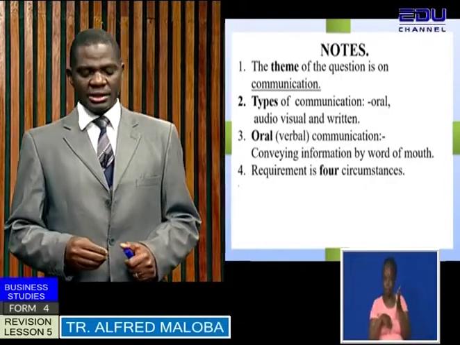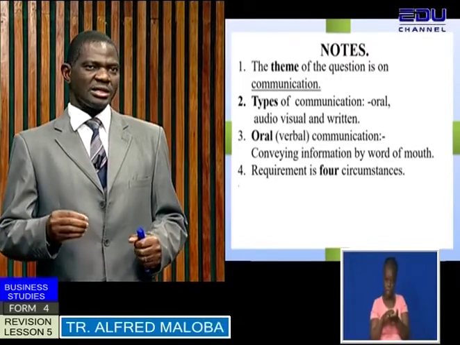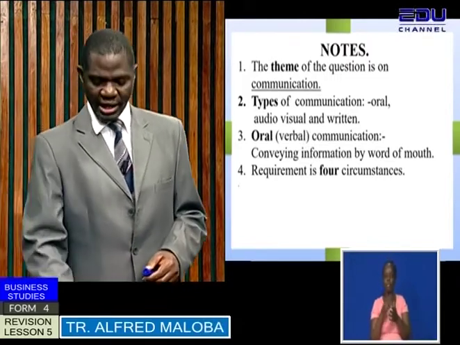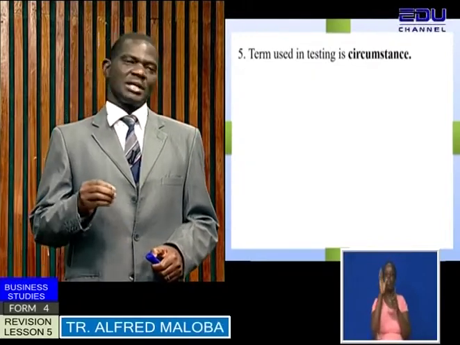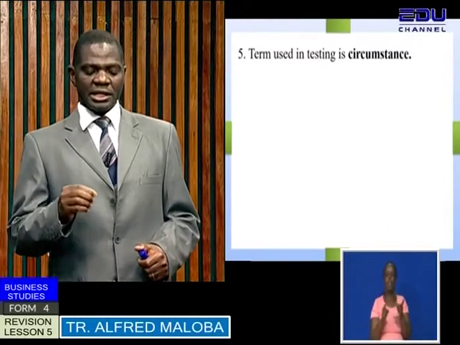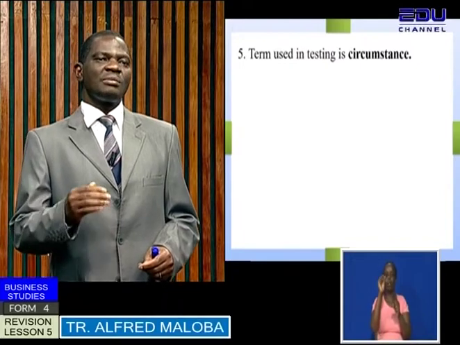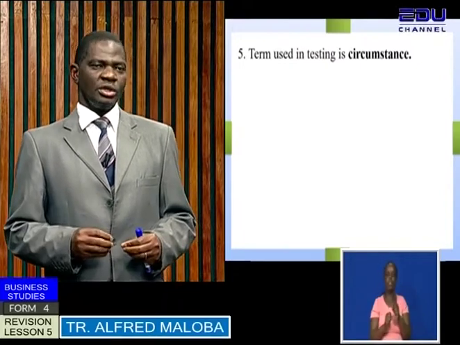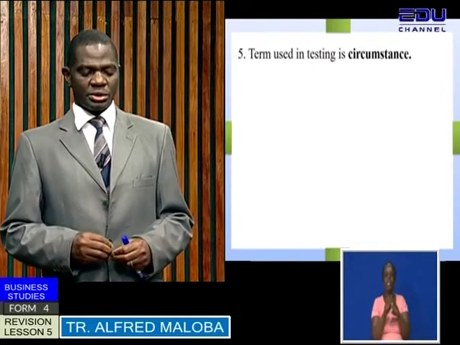The requirement is 4 circumstances. So we have another term there. What do we mean by the term circumstances? In testing, the term used is circumstance, so this is a circumstantial question. We need to know how we tackle circumstantial questions.